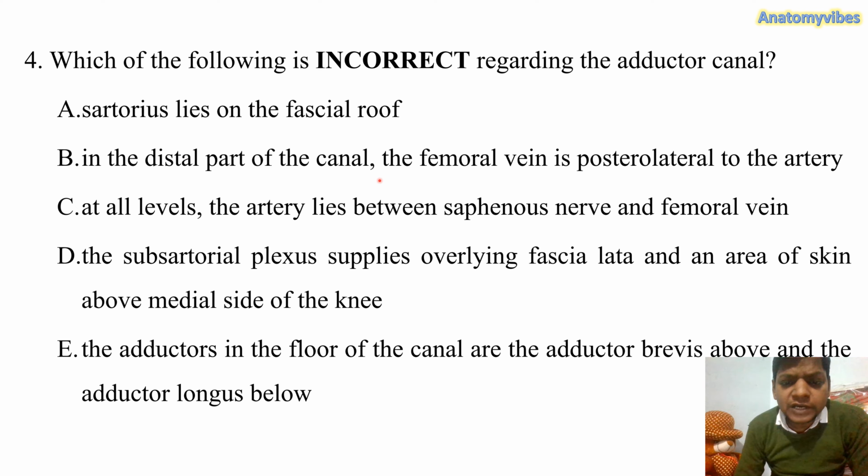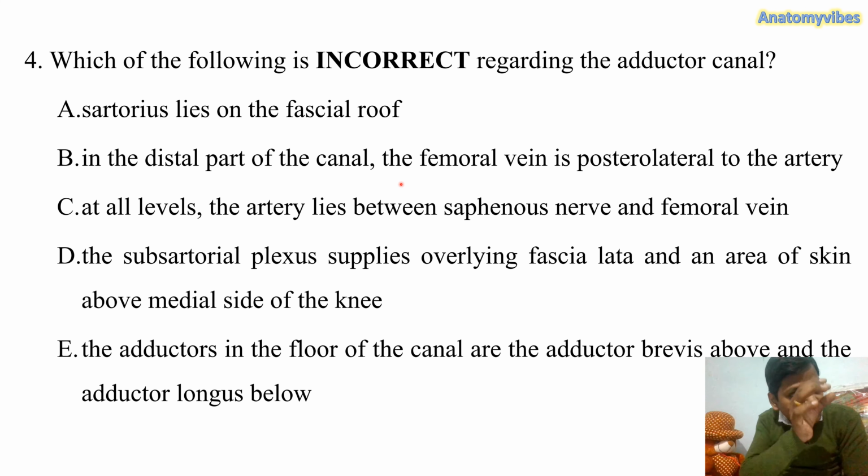In the distal part of the canal, femoral vein is posterolateral to the artery. So this question has been purposefully given to understand this relationship. So just remember, in femoral triangle we have relation as vein, artery, nerve. Vein is medial, then the artery, most lateral is the femoral nerve. So in femoral triangle, femoral vein is medial.